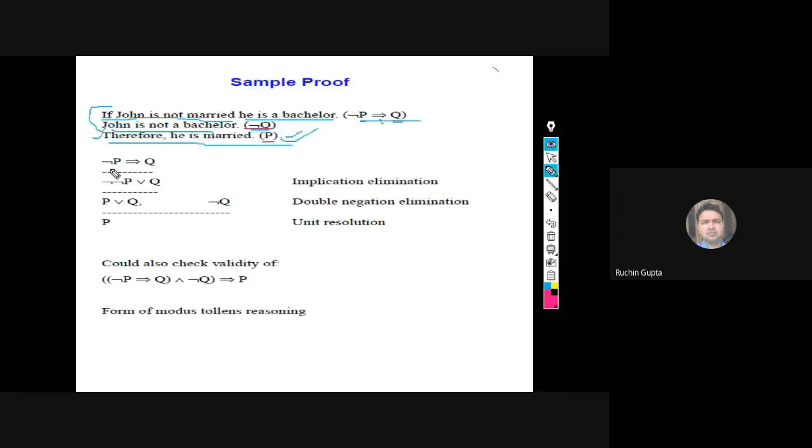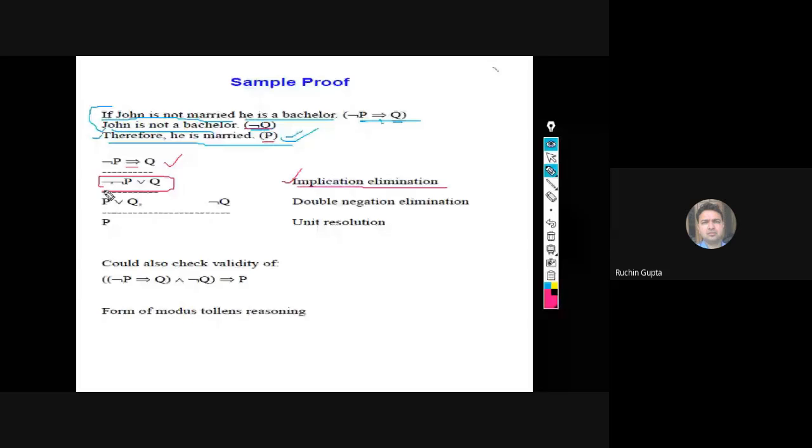Now we are given that negation of P implies Q is true, right? If I remove this implication using the rule implication elimination, I will get negation of negation of P or Q. And the double negation of P means P, so I apply the double negation elimination rule.